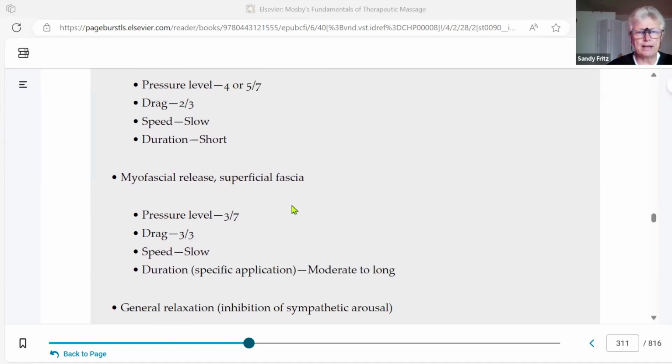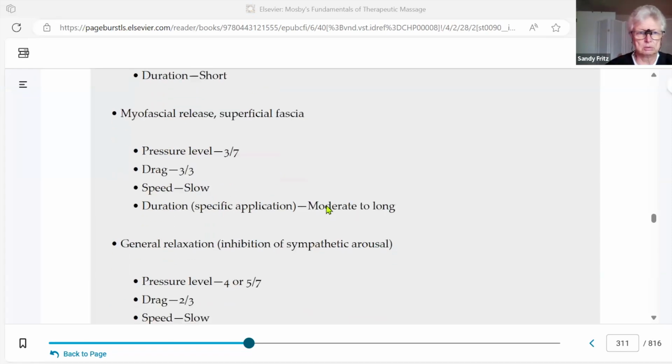So here's myofascial release. And so pressure levels still stay within that skin superficial fascia, just on top of the first muscle layer, just on top of the deep fascia. Lots of drag. Speed is slow.